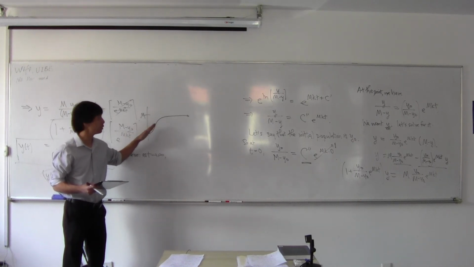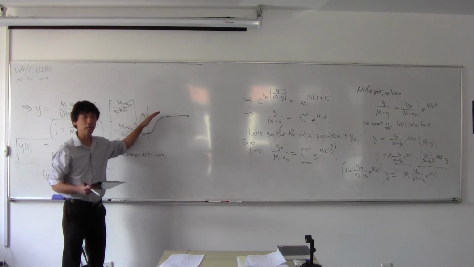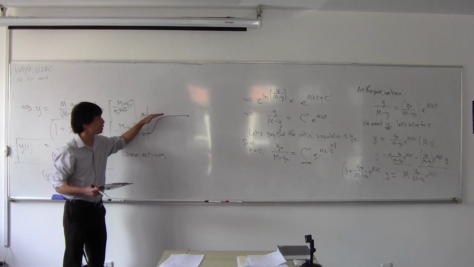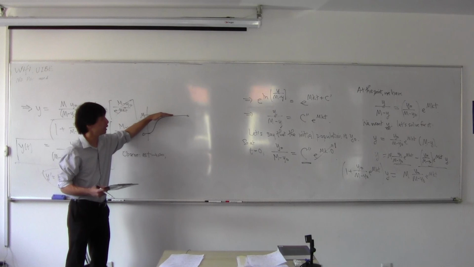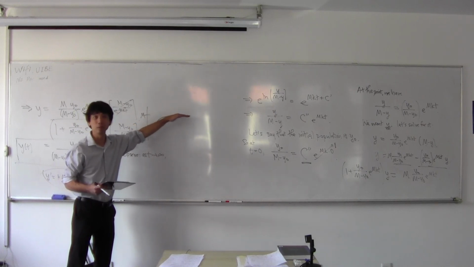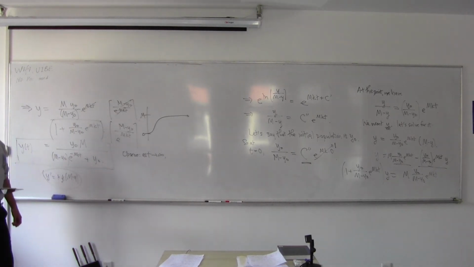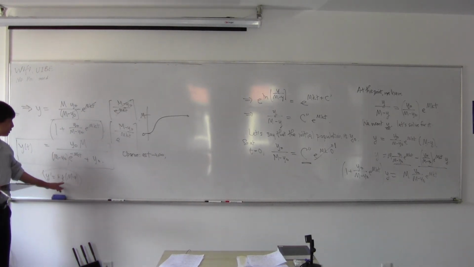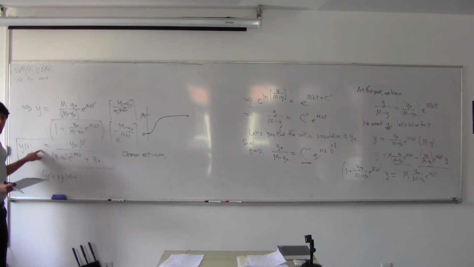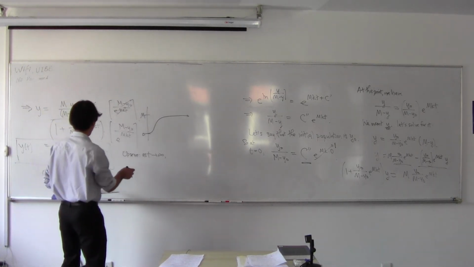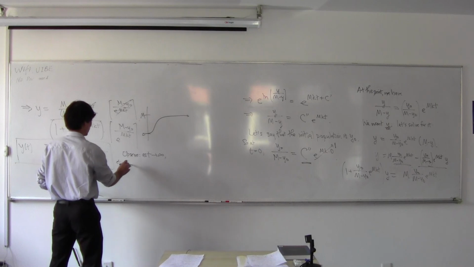But then it starts running into the limitations of the food supply, and then the population is going to quickly start leveling off, and reach some sort of stable state here. So that's what this assumption about the rate of change tells you about the population. This sort of stuff is called logistic growth.